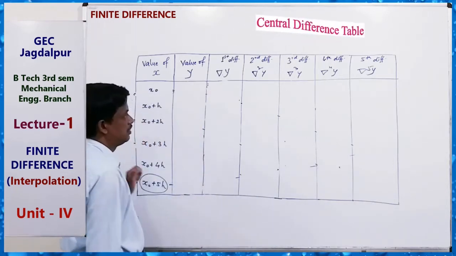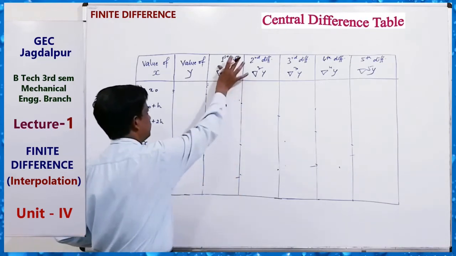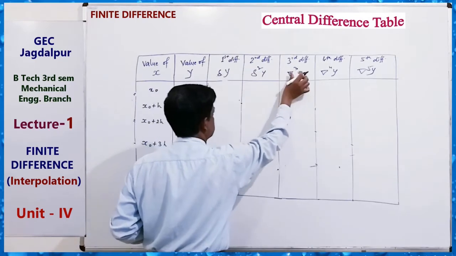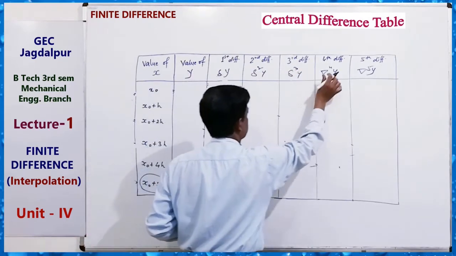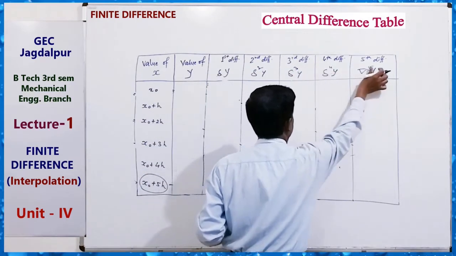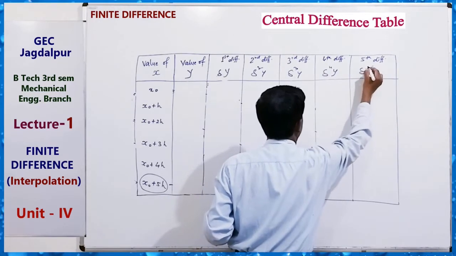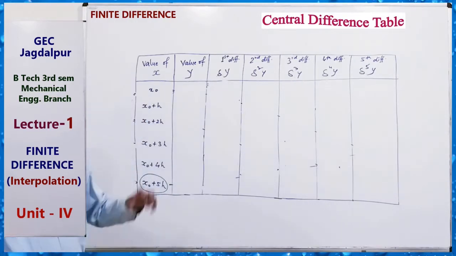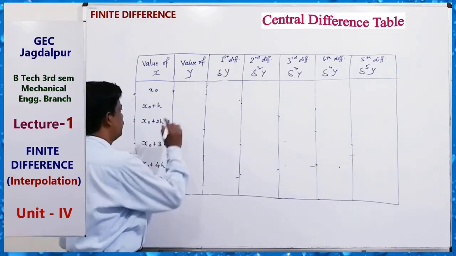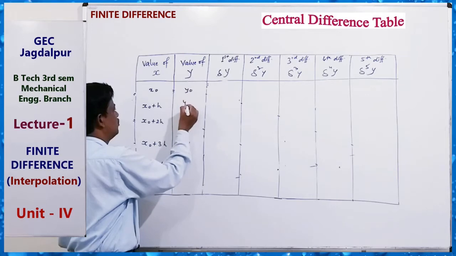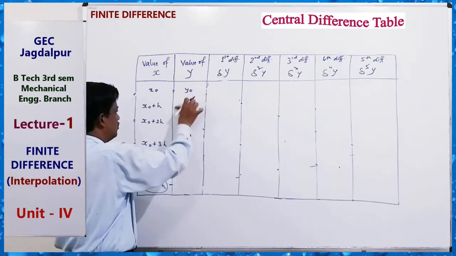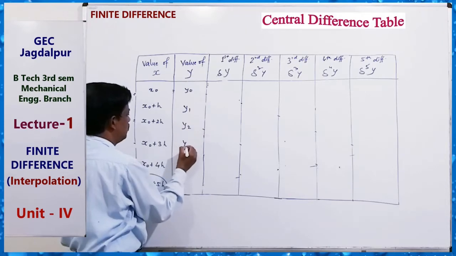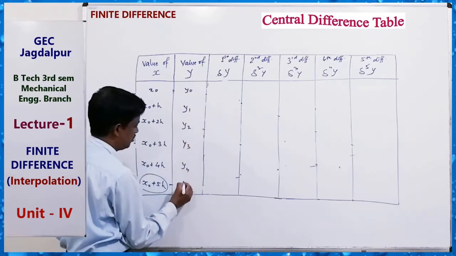Okay. For central difference, the table creation method: y0, y1, y2, y3, y4, y5.